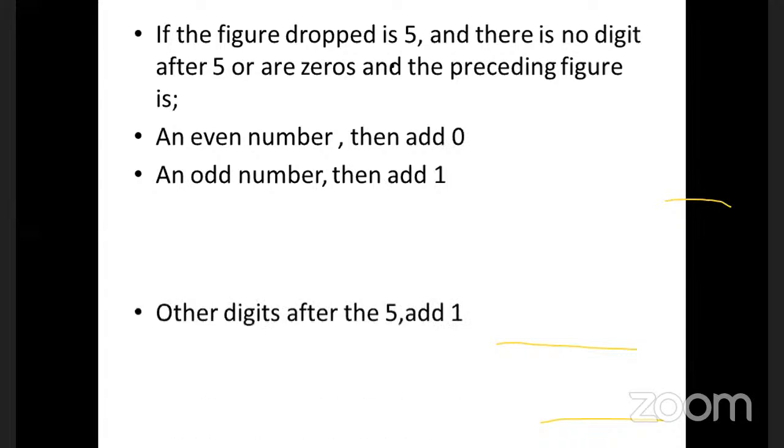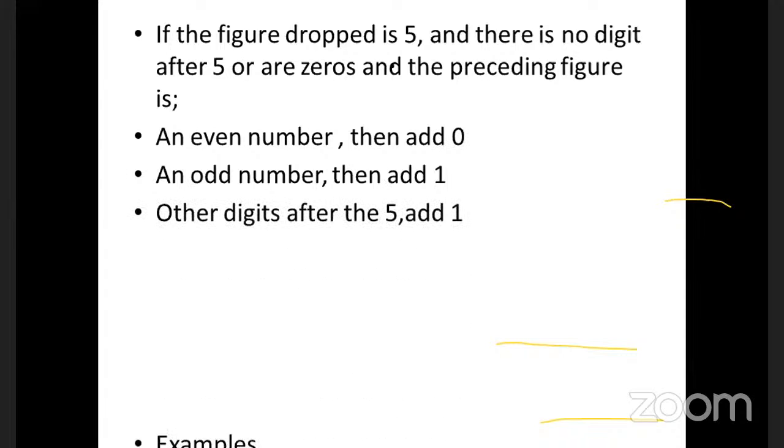I want us to look at these examples. We are now looking at the case where we have 5. For greater than 5 and less than 5, we are done. We are saying if the figure to be dropped is 5, and there is no digit after the 5, or there are zeros after the 5, our attention goes to the preceding digit.